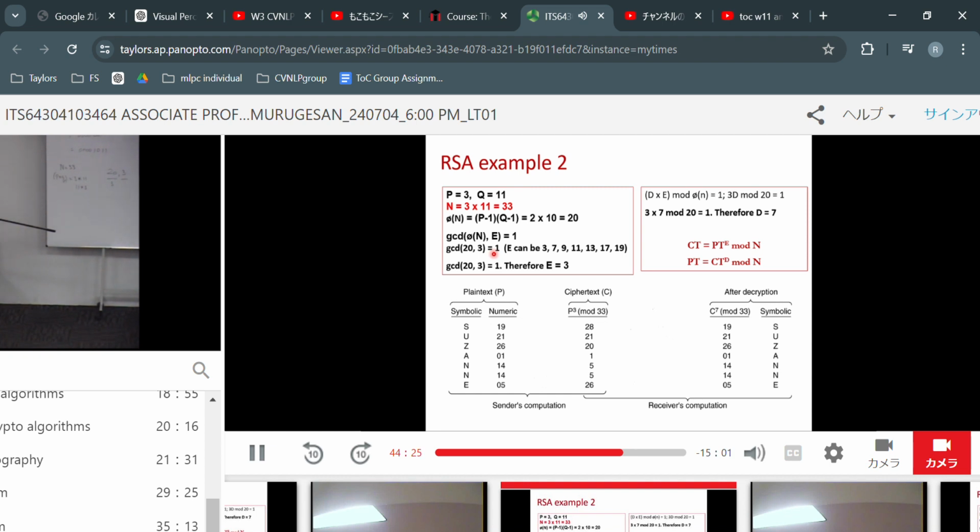So what is E? E is 3. E actually can take many values to satisfy this condition.